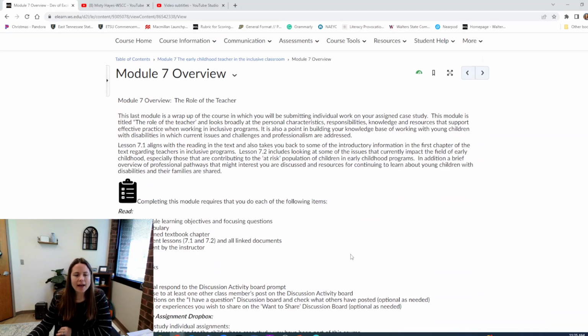Looking at yourself and reflecting on the case study assignment and the case study child that you've been working with over the last few weeks, I want you to reflect on your role as a teacher and what role you play in inclusive programs. That's really where our focus is going to be in this module.